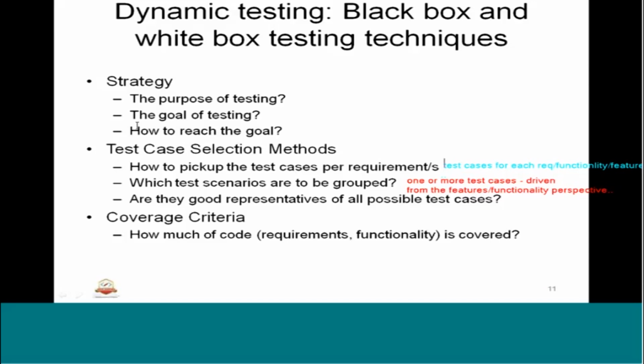To simplify the selection, there are a large number of test case selection methods. Most of them are associated with the coverage criteria, or how we are going to make it a feasible completion of the test, basically to determine if we can discover failures or we can stop the testing.